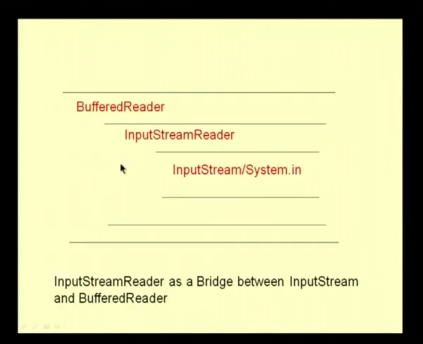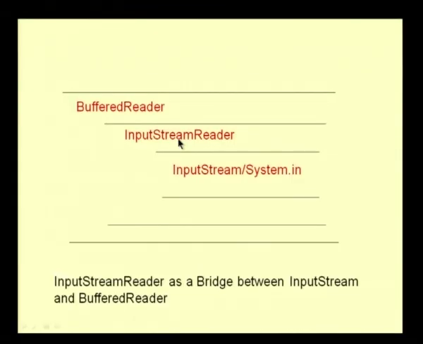Here you have a buffer reader, you have an input stream reader, and for this input stream reader your input will be an input stream. System.in is an input stream, and it will have data in the form of bytes.